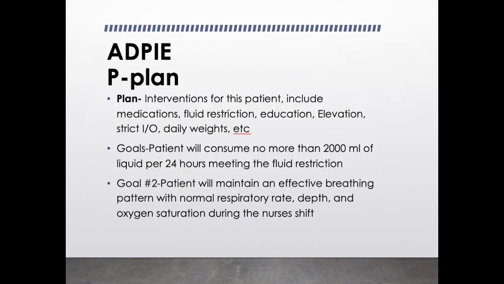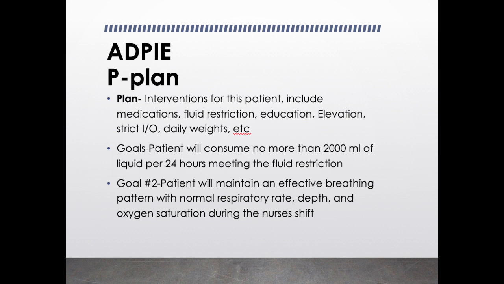So, nursing process, what are we going to do? We got to plan. We got to come up with a goal, and we got to come up with interventions that are going to help this patient improve their respiratory status. So, all right, a few of them we can come up with. Elevate the head of the bed. We can increase that oxygen rate. We can administer prescribed medications.